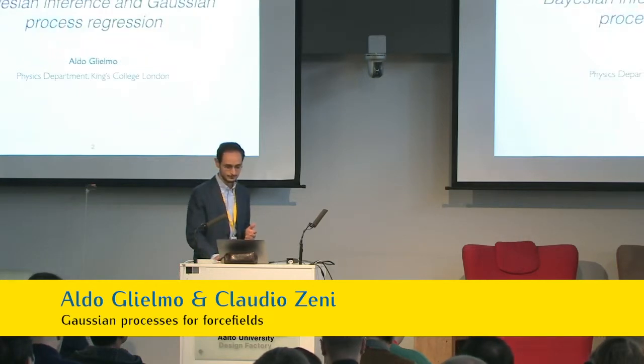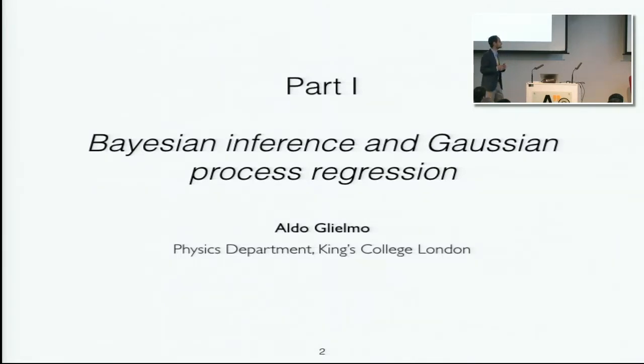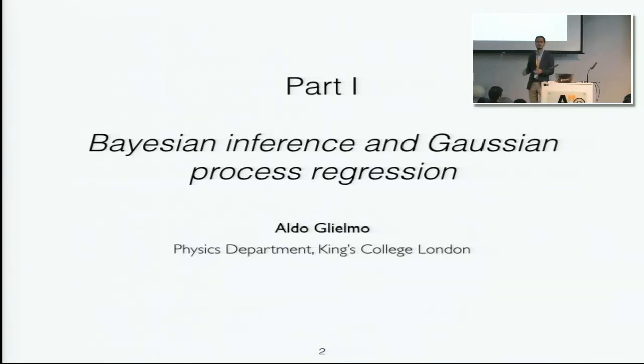In the first part, I'll cover a prerequisite towards Gaussian processes, and that's Bayesian inference. You probably haven't heard about it as much as other fitting paradigms, and then I'll go to Gaussian process regression. In the second part, Claudio will show more results and something more specific to learning force fields.